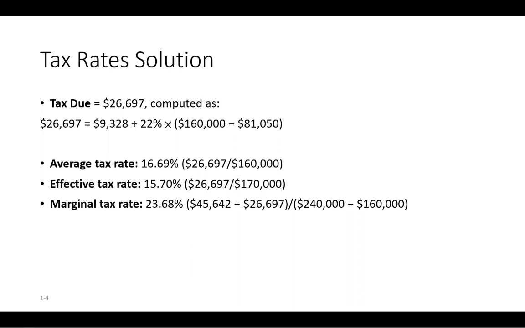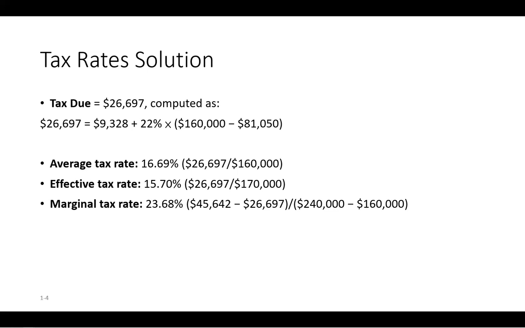Divide that by the $80,000 in the denominator, and you get the marginal tax rate just on that $80,000 is 23.68%. Remember, the numerator is the tax on the $80,000. The denominator is the $80,000. So that will tell us how much our tax rate is just on that $80,000.